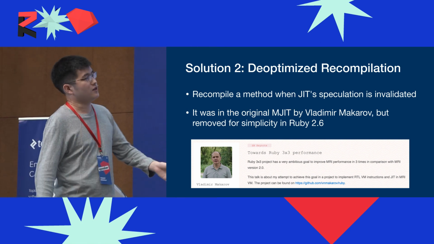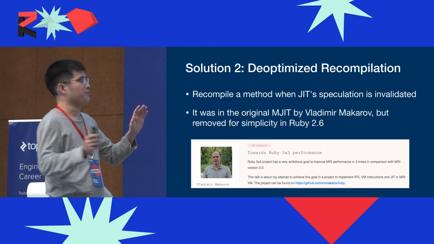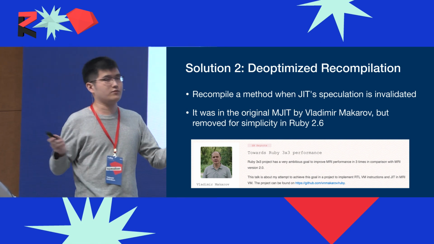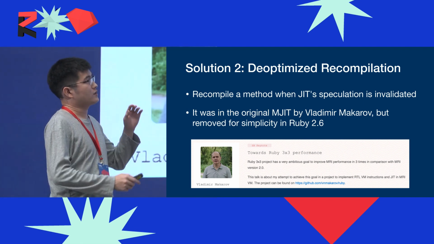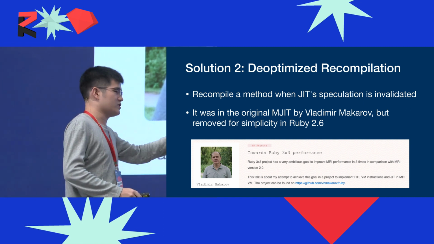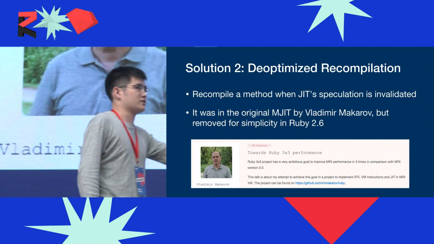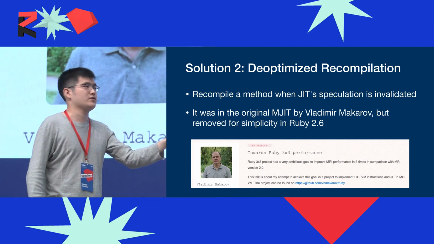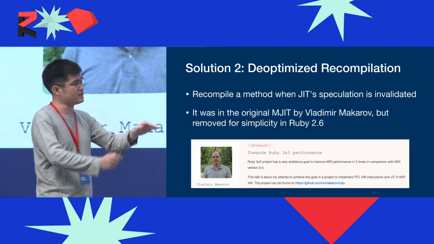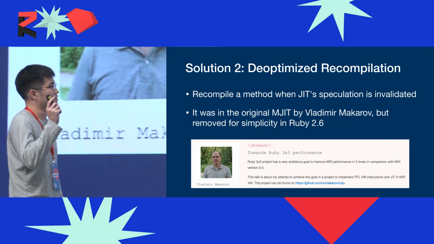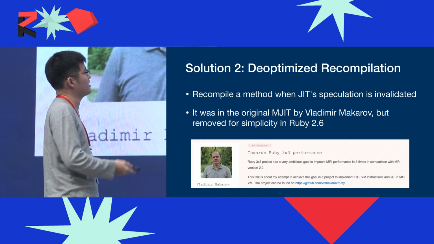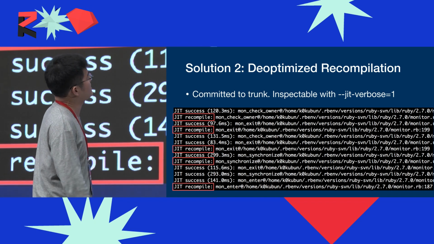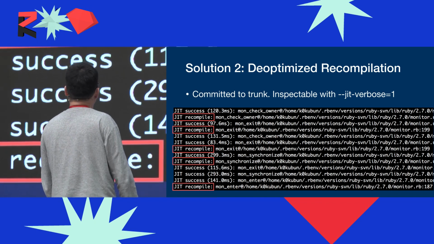And this was originally in the original version of the MJIT, which was proposed by Vladimir Makarov. The first version of the Ruby 2.6 JIT compiler was simplified to reduce the risks of the release. So this mechanism was dropped, but I reintroduced it in Ruby 2.7 for optimizing Rails application performance.